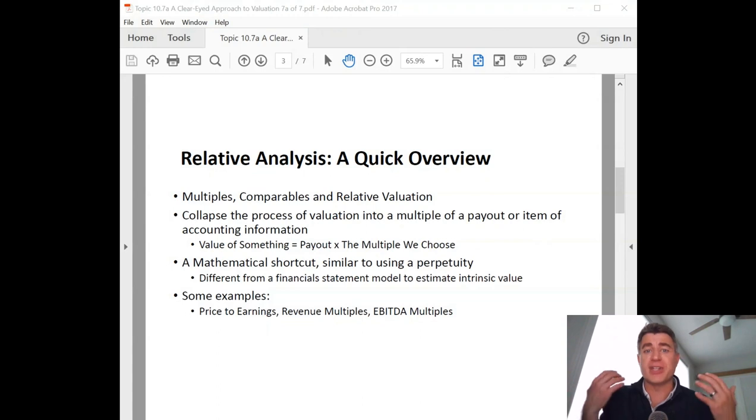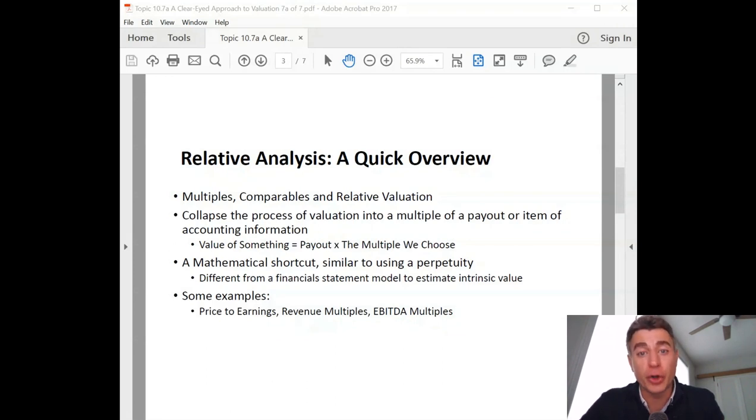But this is just a way of saying, hey, I want to get a valuation. The idea of being relative is that if other companies or other arrangements have payouts and they're already being priced by a market, we can look at how other things are priced and say something along the lines of, look, if everybody is pricing companies at 20 times their earnings, then if we have a new company that's not priced yet, not sold in a marketplace yet, we could say, well, if everything else is priced there, we could price this same company at 20 times its earnings.